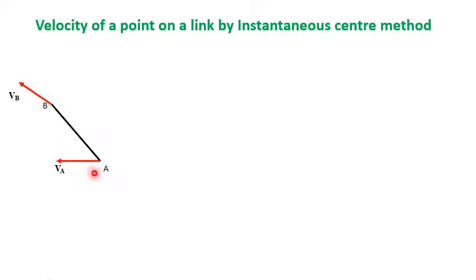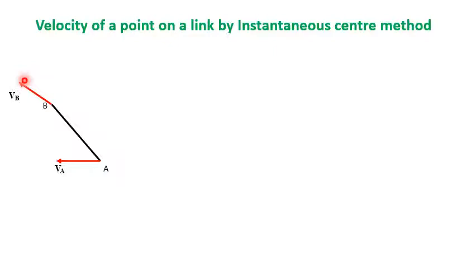If VA is known in both magnitude and direction, and VB is known in direction only, and we don't know the magnitude of VB, then the magnitude of VB can be found by using the instantaneous center method as follows.